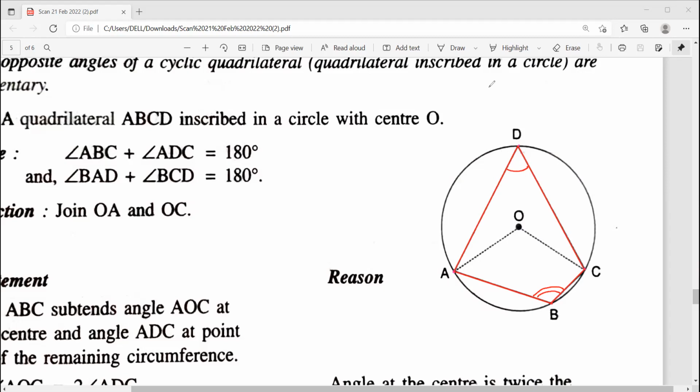That is, if I add angle ADC plus angle ABC, I will get equal to 180 degrees. The other pair of opposite angles are this and this. If I add these two angles, that is angle BAD and angle BCD, again it is 180 degrees.